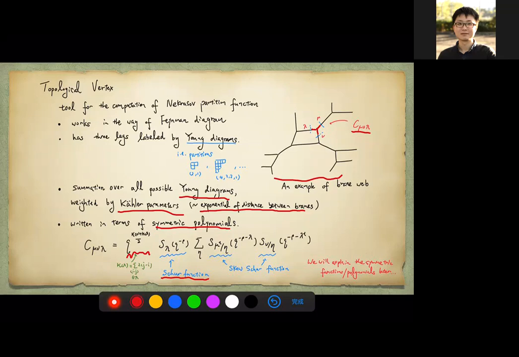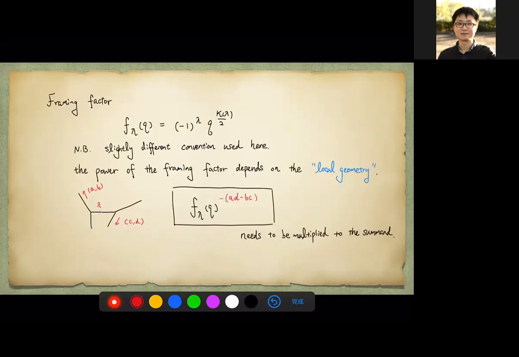There's a technical point here about the framing factor. We also have to multiply it to the summand to calculate the partition function, and the power of the framing factor depends on the local geometry of the toric diagram, or the brane diagram.